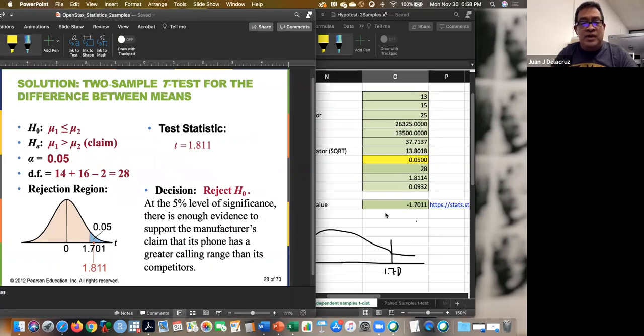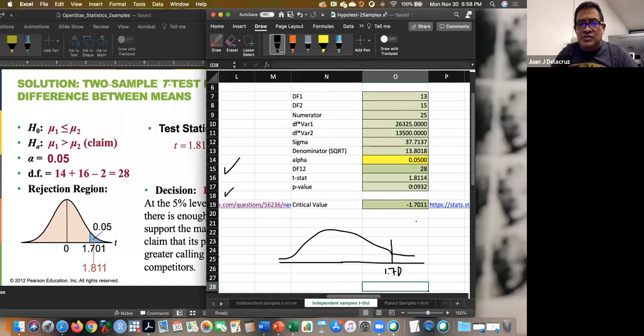Oh, we reject H naught, but this is at the 5% level of significance. There should be something. So probably this p-value has a little problem. My critical value is 1.70. My t-stat is 1.81. Surprisingly, I need to find this value.